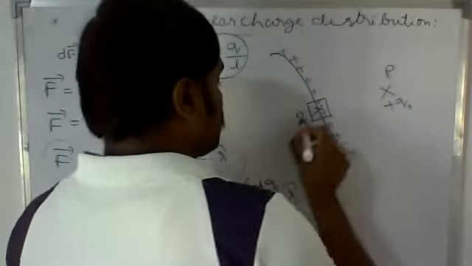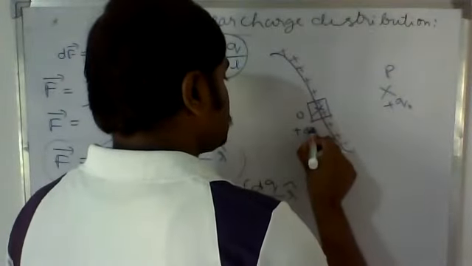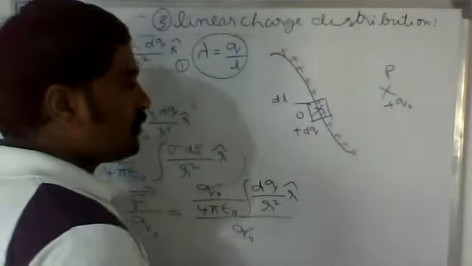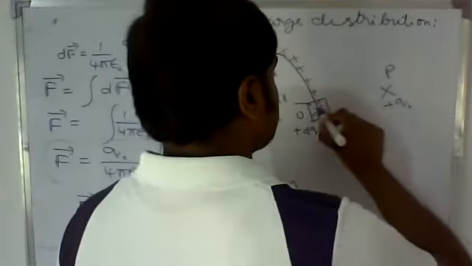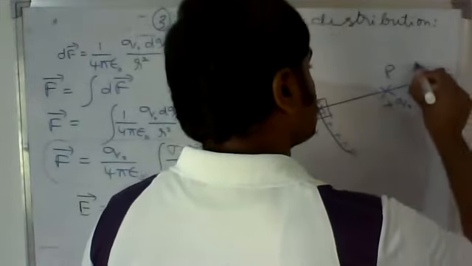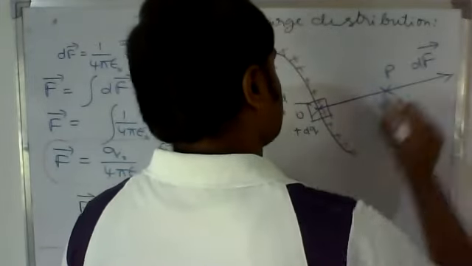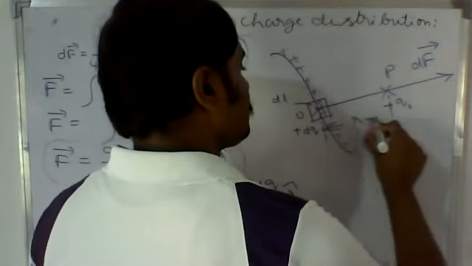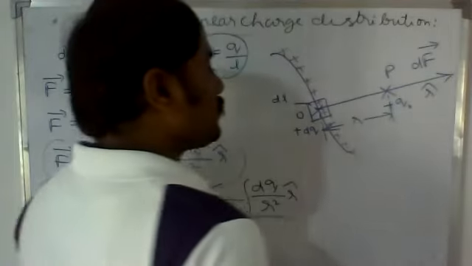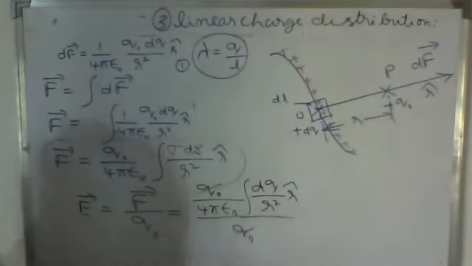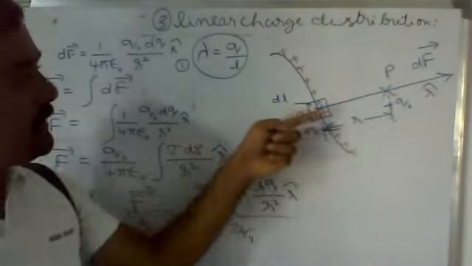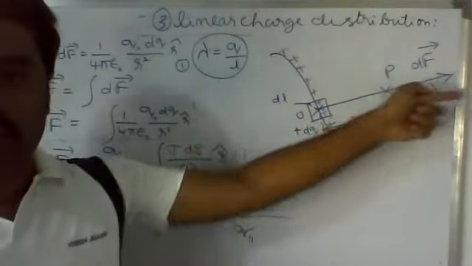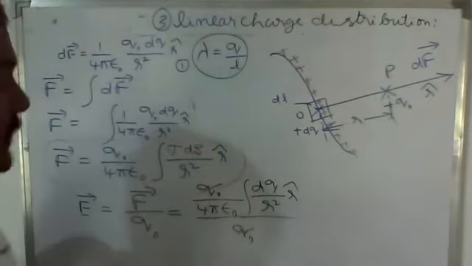Due to a small charge plus dq, of small length dl, plus Q naught experiences a repulsive force dF vector. The distance from O to P is r, and the direction is r cap. r cap is the unit vector that indicates the direction of dF vector, directed from O to P.